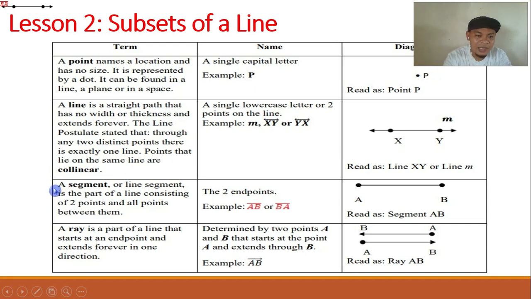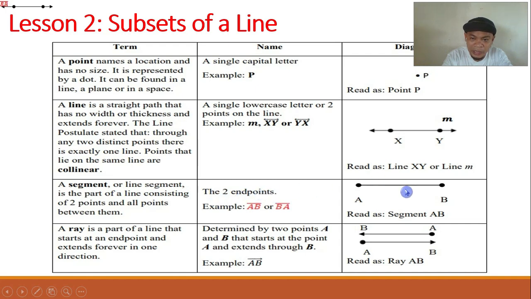Okay, next, a segment. A segment or line segment is the part of a line consisting of 2 points and all points between them. Segment, part po siya ng line. Di ba? Segment, parte ng line. And composed of many points. Okay, so to name that one, we have the 2 endpoints.